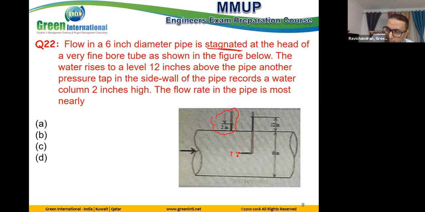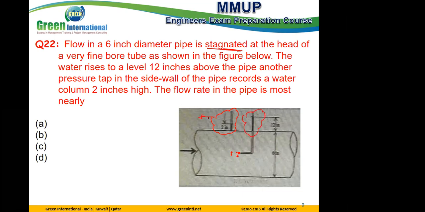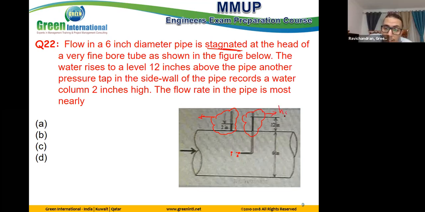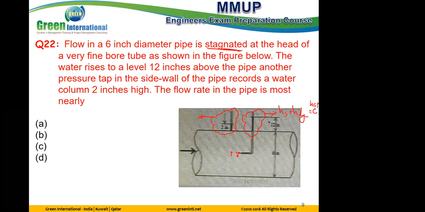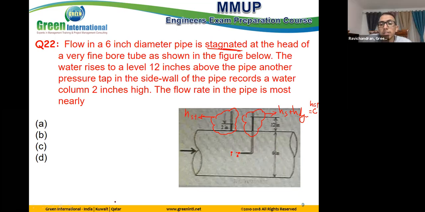So pressure head plus velocity head means static plus dynamic. What is static plus dynamic? It refers to the total. So this one is static plus dynamic equal to total, H2. And this one refers to H static.